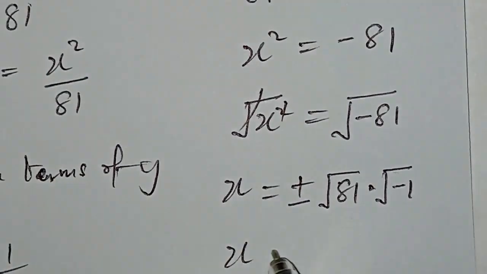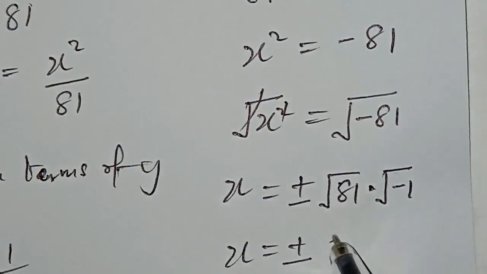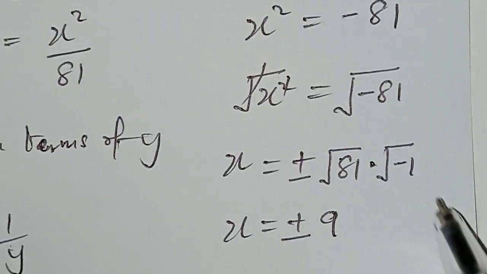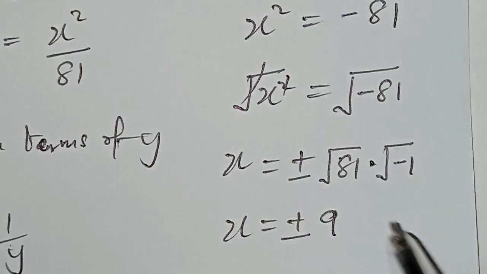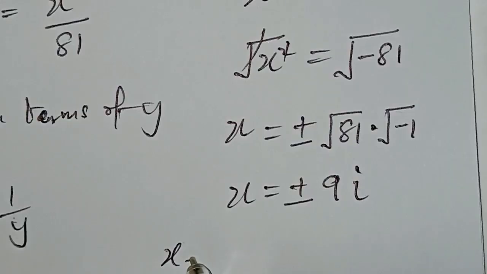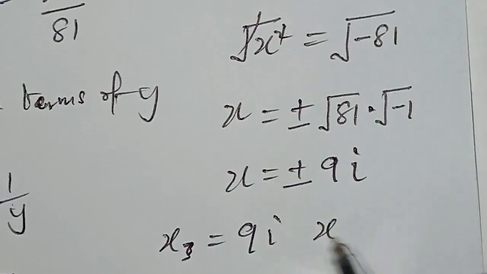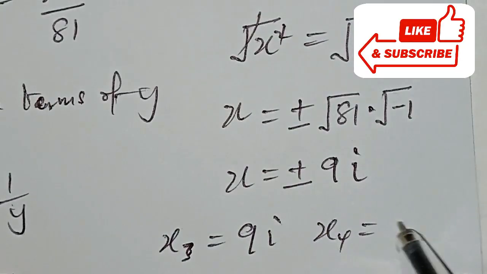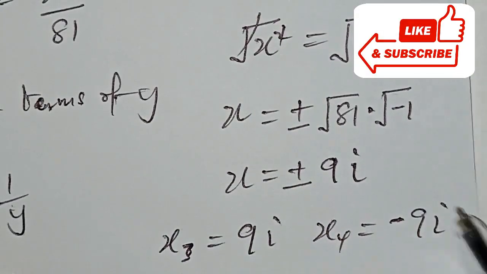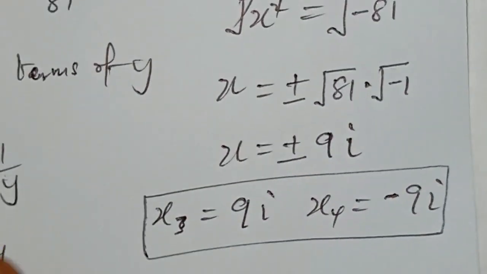So this implies that x will be equal to plus or minus 9i, since the square root of 81 is 9 and the square root of minus 1 is i. So x3 is equal to 9i, while x4 is equal to minus 9i, which are the imaginary values of x.